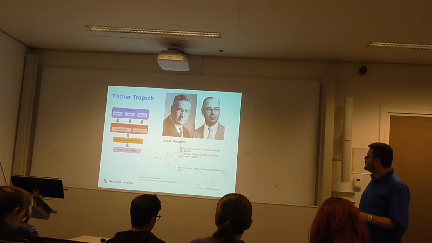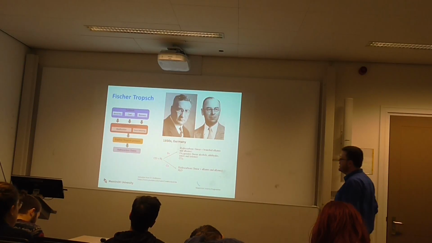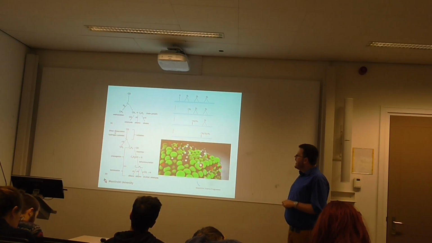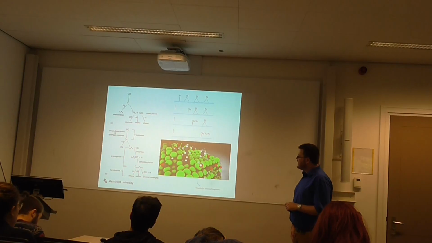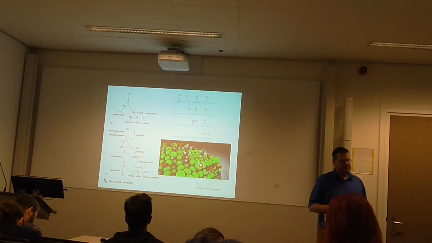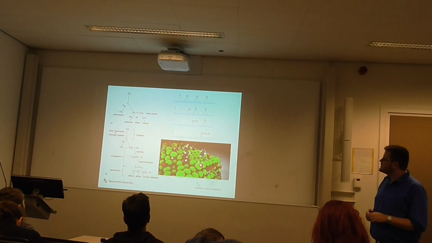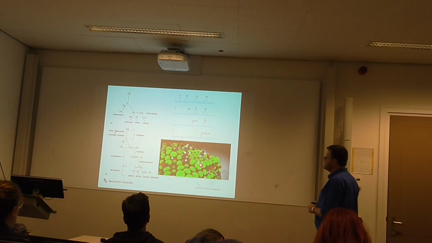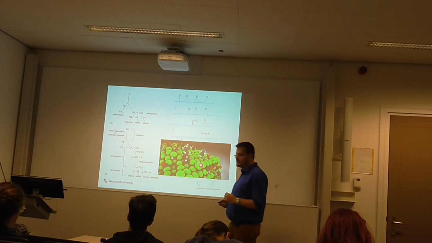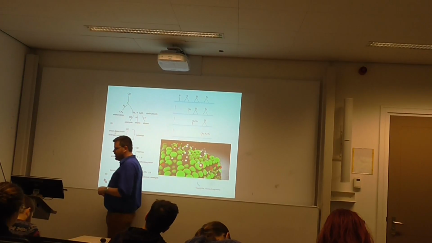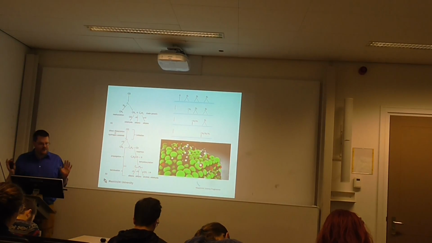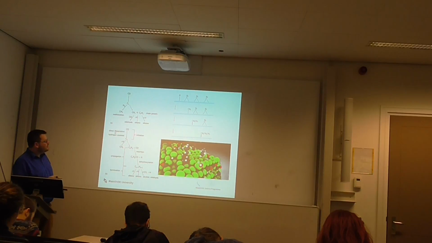Again, this process came around the 1930s from Fischer and Tropsch in Germany. Basically what happens is the syngas, hydrogen and carbon monoxide, adsorbs onto the surface. It gets activated, very similar to what we saw moments ago, and all sorts of different things can happen. You can have chain growth.